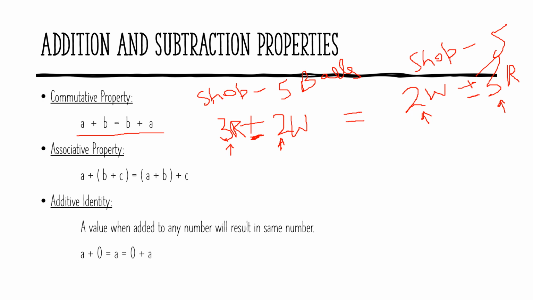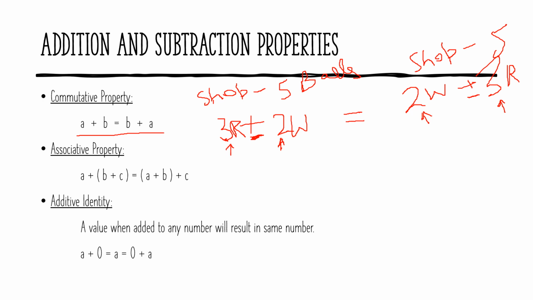Now come to the second property, which is the associative property. The associative property says that if you have three numbers and you are summing up all three, whichever two numbers you sum first doesn't make any difference.